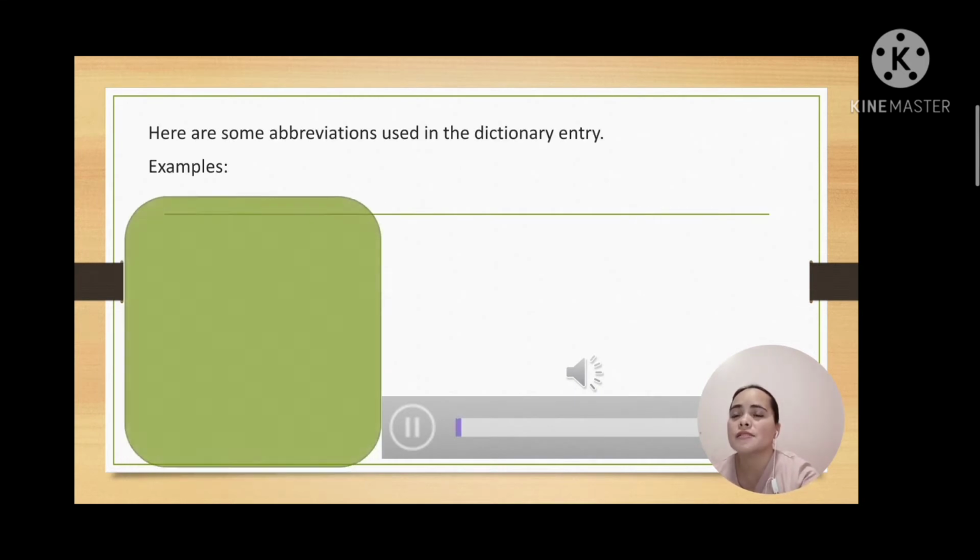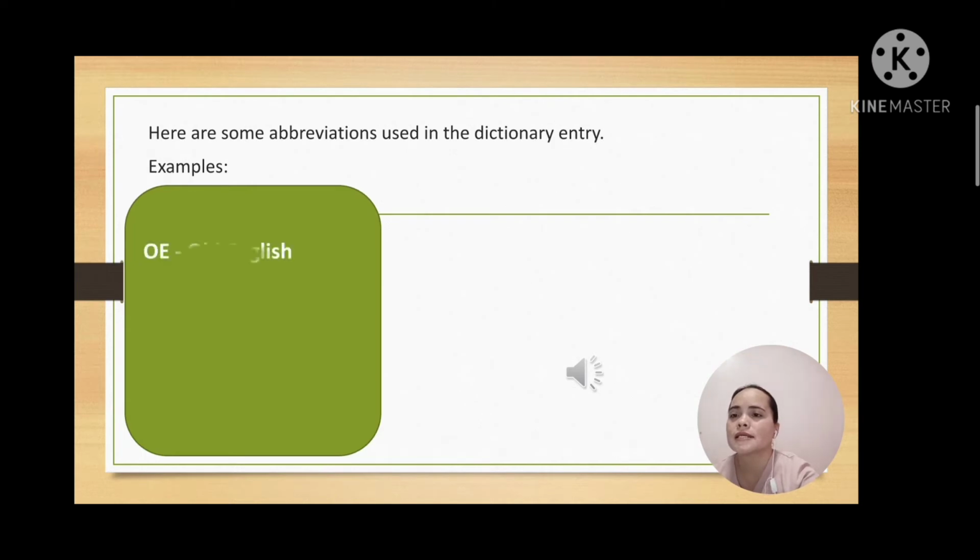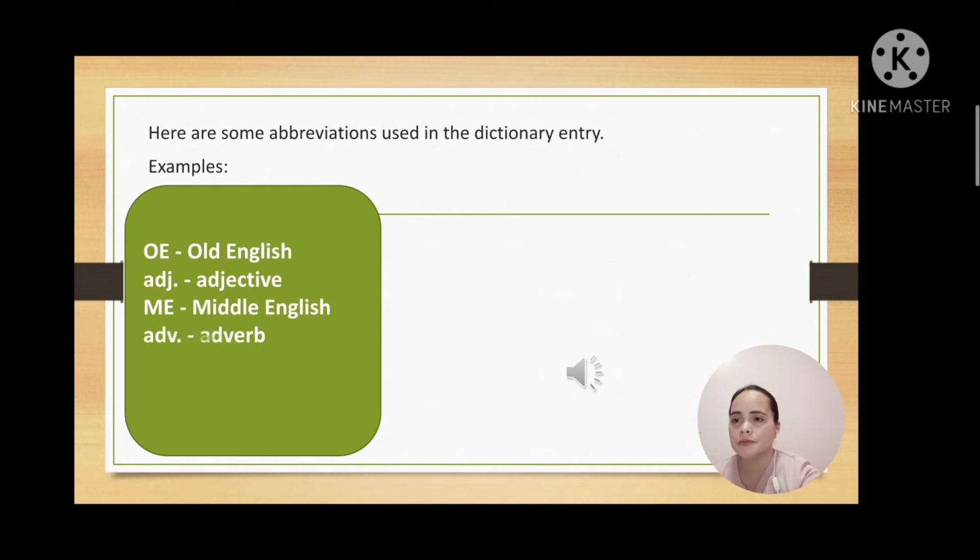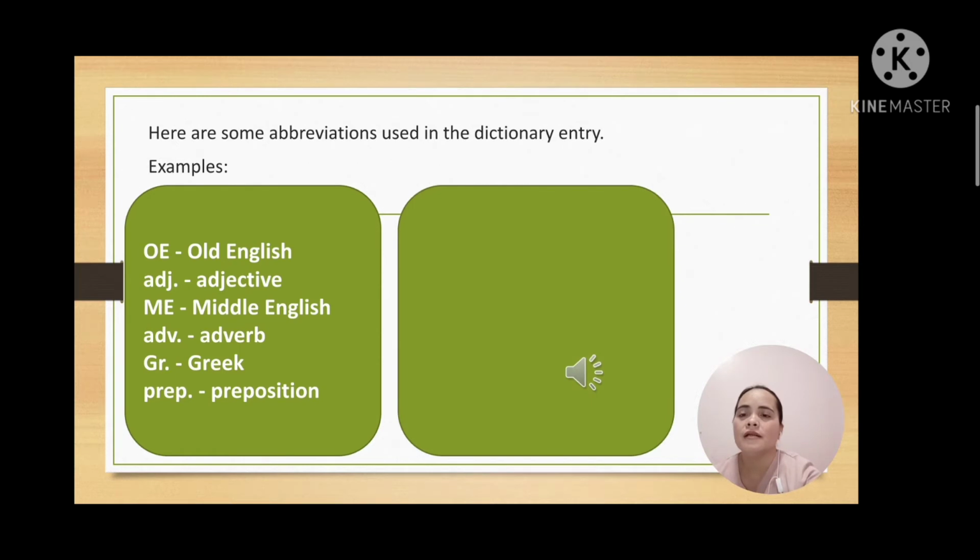We have first OE, or Old English. Then we have ADJ, adjective. Next we have ME, Middle English. Next, ADV, adverb. GR for Greek. Prep for preposition. Next we have L for Latin.